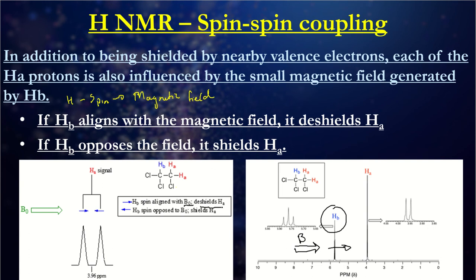It causes the hydrogen A to be de-shielded. So it de-shields some way the radiation of hydrogen A, so that's more radiation that goes in, causes splitting. If it goes the other way, if HB opposes the magnetic field, so maybe it goes in this direction, then it actually shields the hydrogen A from interacting with any radiation.